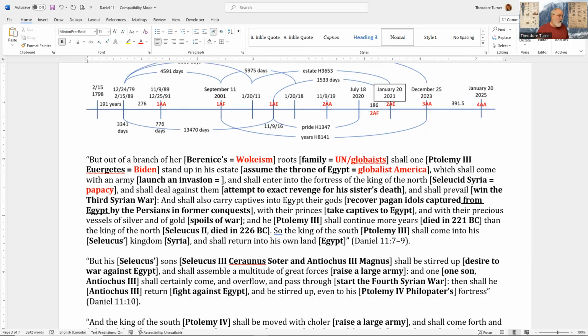But this is primarily about, I mean, what is the army? What's the military branch of the Democratic Party? We could say the media, we could say the deep state, we could say the tech industry, whatever we want to say. Right, all of these things are controlled. There is this war going on between the king of the North and the king of the South within the US, and this war is going on through these different forces. So launches an invasion with an army. We could just say social media or something like that. I don't know.